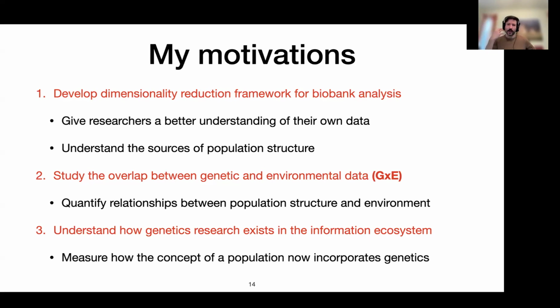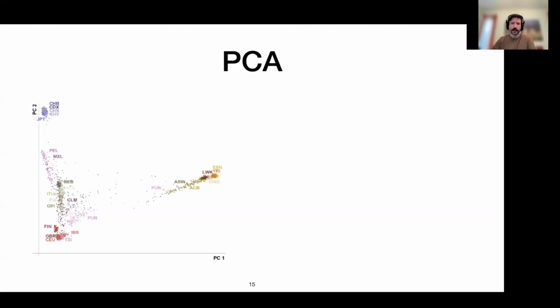I've really been wondering a lot, in particular, how does this kind of stuff exist in the information ecosystem? So on the internet, how does the world in general understand the associations between genetics and ancestry and health and things like that? For those who've seen me talk before, these first 2 points are going to be a little bit of a review because I gave a talk last year, and this third point is going to be all brand new stuff.